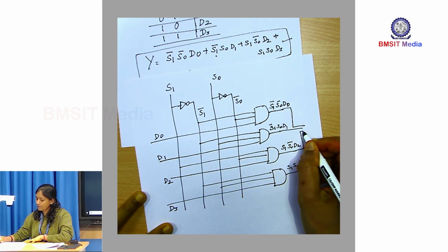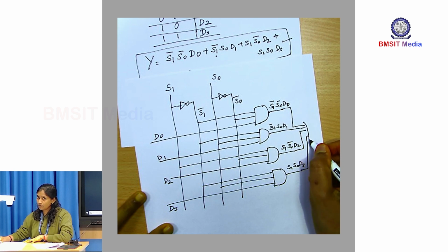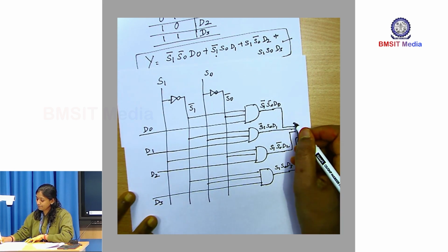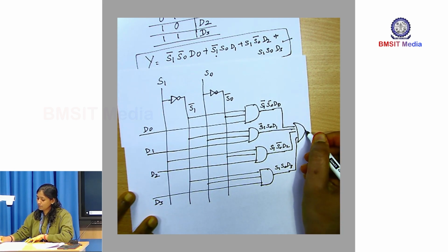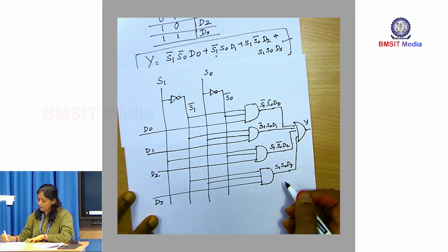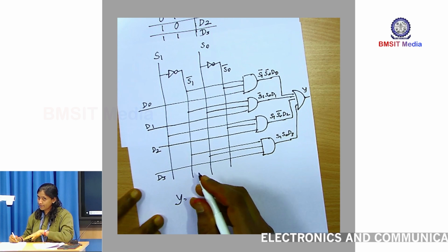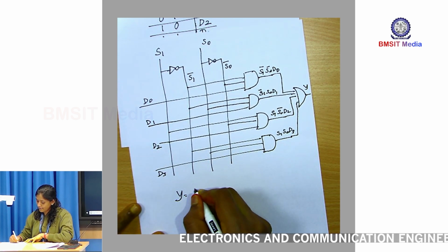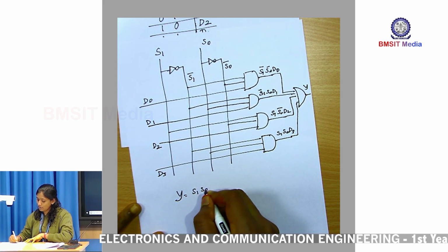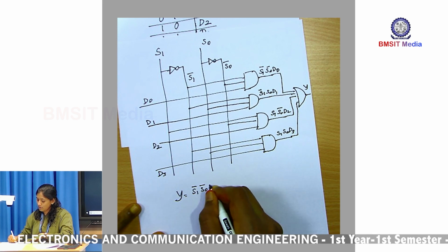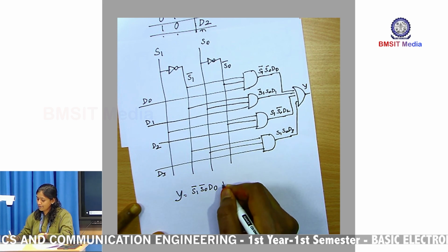Now, all these outputs are given to an OR gate, and this is my output y. So, what is my output y? When S1 and S0 are both 0, data D0 is selected.